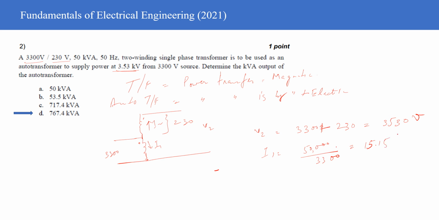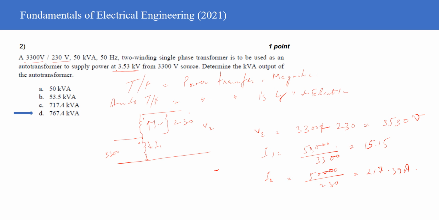And I2 will be equal to 50,000 divided by 230, correct? So 50,000 divided by 230 is equal to 217.39 ampere.